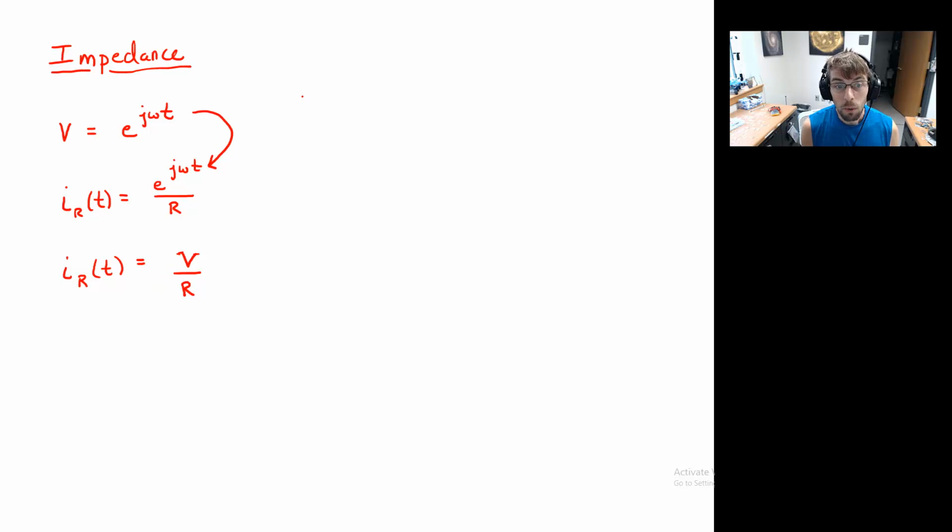Of course, you know this as Ohm's law. Let's take a look at the capacitor. For the capacitor, we had j omega C e to the j omega t equals the current through the capacitor, the time varying current.